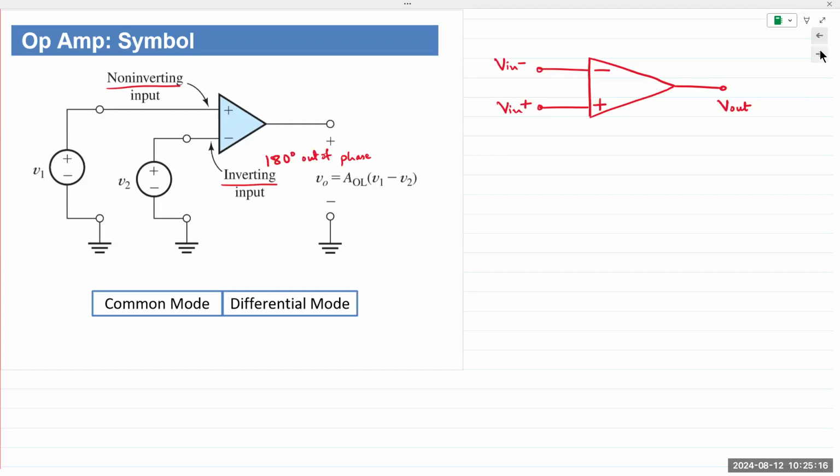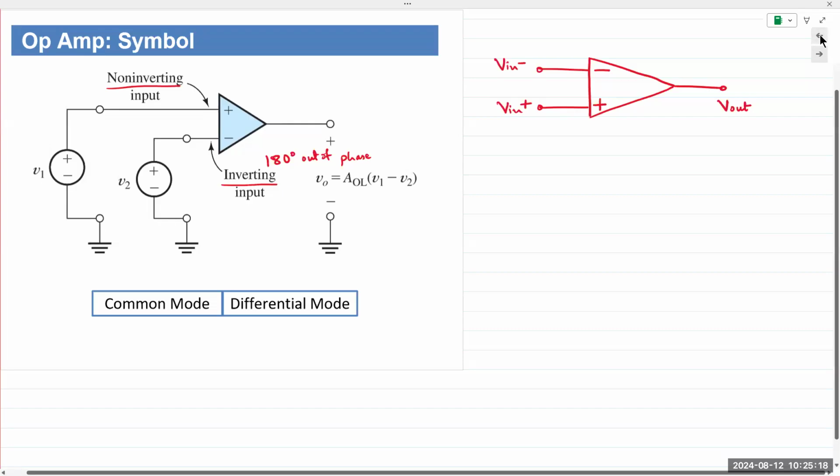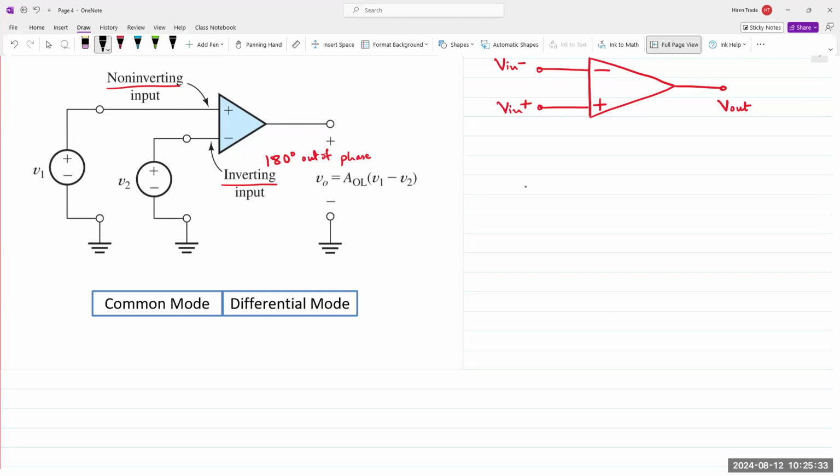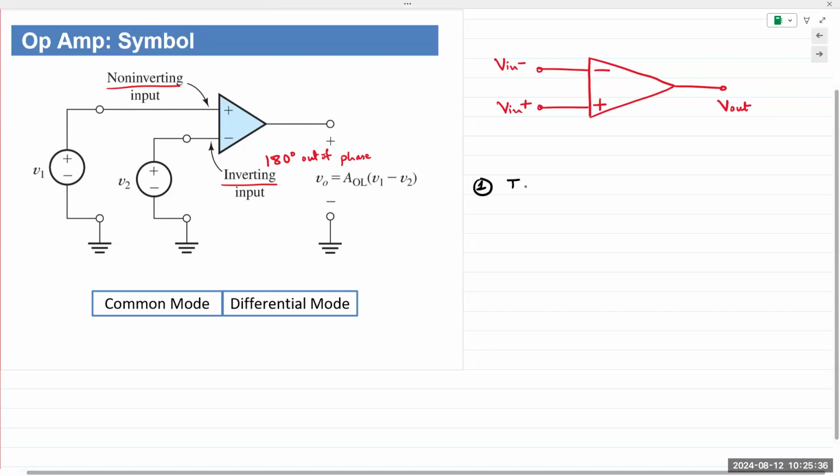Now, the biggest thing with an op amp is that it has five qualities or say parameters to keep in mind. An ideal op amp will have infinite input impedance, meaning it will not impose any sort of loading effect on the input signal.